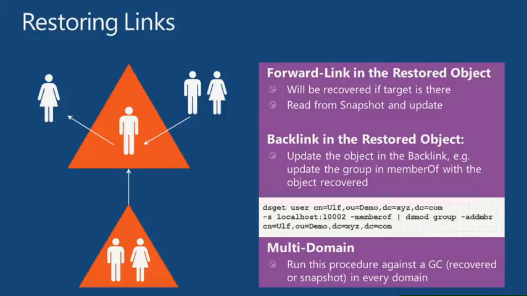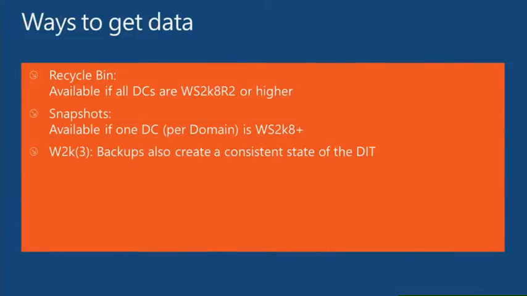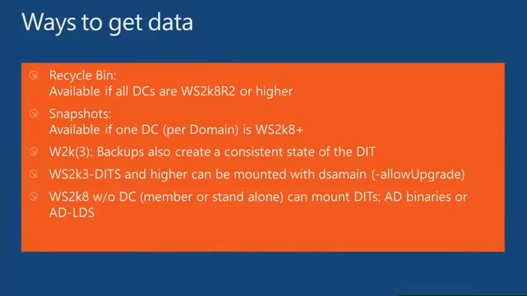Pretty easy. And when you get used to those things, then you don't worry about lots of failures in AD anymore, because if somebody is making some mistakes, you have so many solutions there how to solve those things. Ways to get data: you can use the Recycle Bin, you can use snapshots in Windows Server 2000 and 2003. You need to create backups anyways, because if you have a domain or a forest failure, you need to restore from backup in any case.